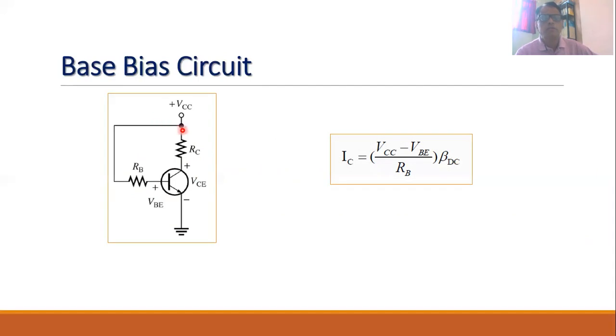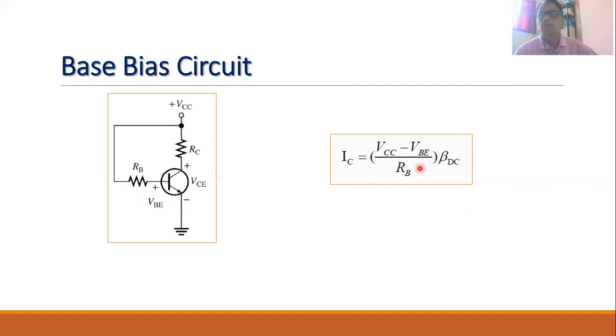Say for example, at this point we have the voltage VCC, and the voltage between base and emitter is VB. And we know that current IB will be flowing through the resistance RB. Therefore, IB can be calculated as VCC minus VB divided by RB.